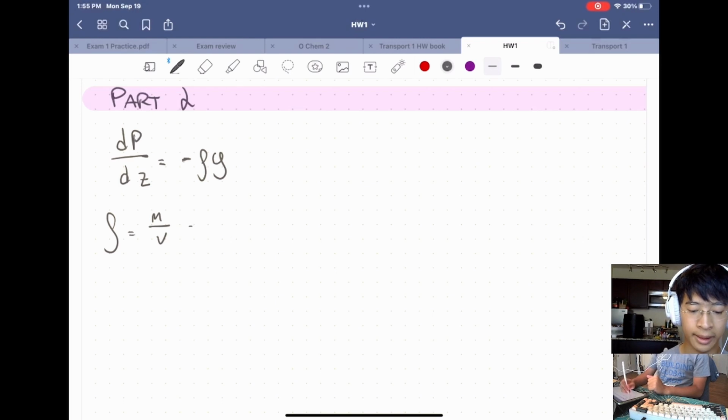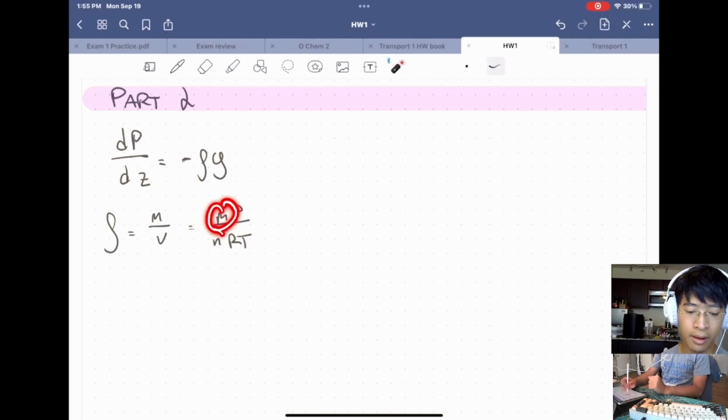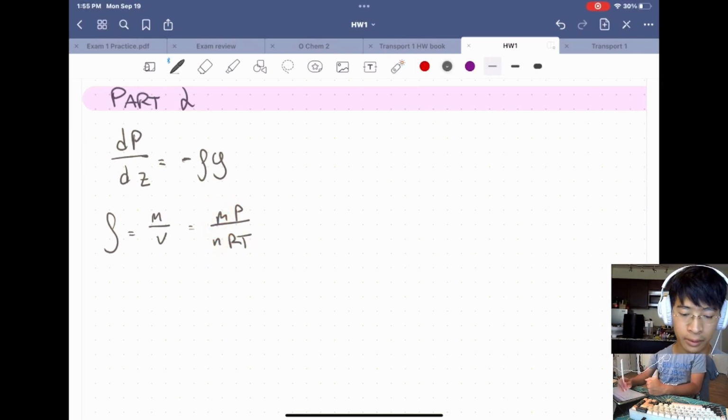So we can say that density is equal to mass times pressure over nRT. And mass in kilograms over mole is what? Molar mass. So molar mass times pressure over RT.